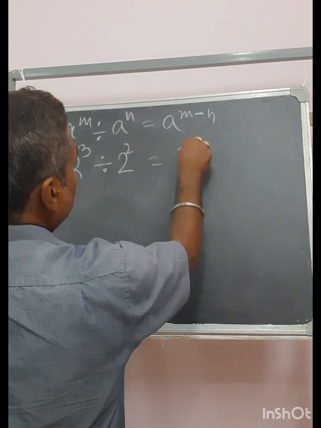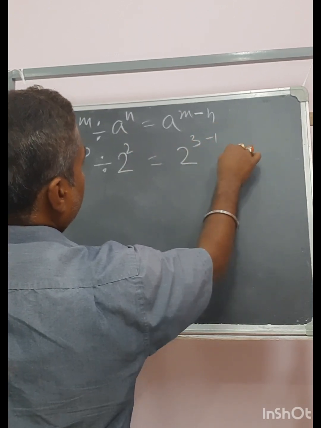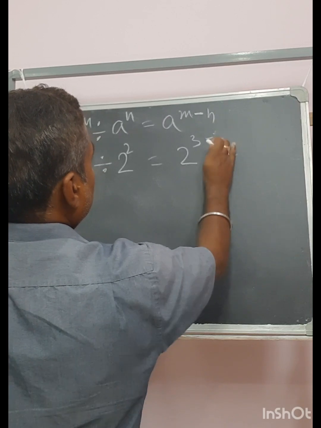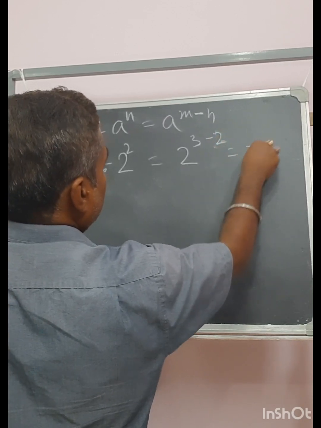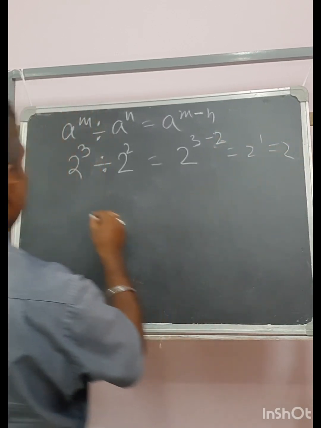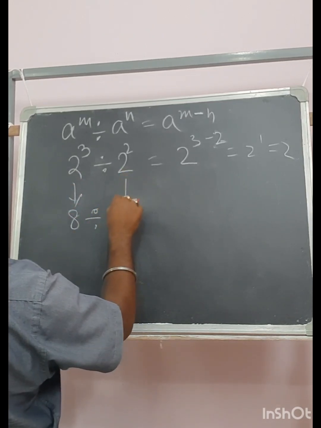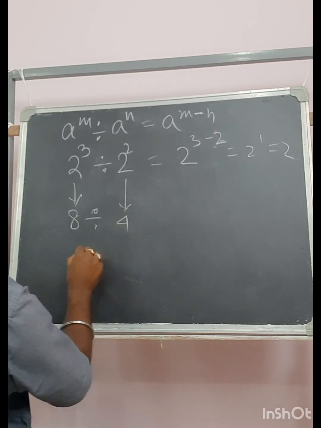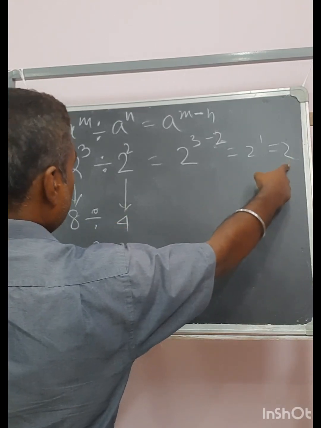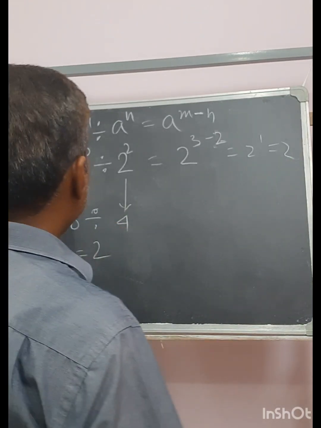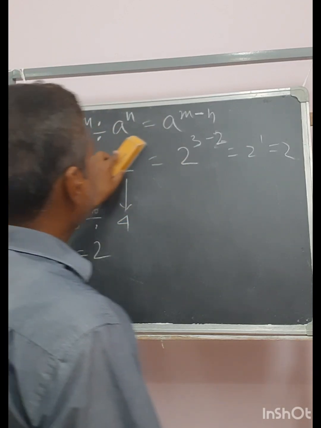So this will give you 2 to the power 3 minus 2, that means 2 to the power 1, that means 2. So let's find, this is 8 divided by 4. So 8 divided by 4 is equal to 2. Already I have got 2 here on the right hand side. So this also holds good.